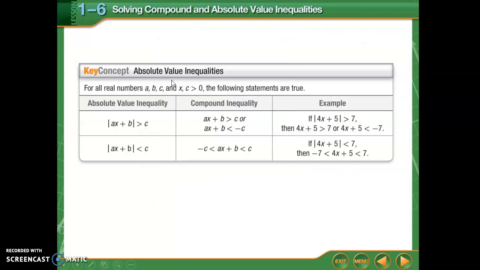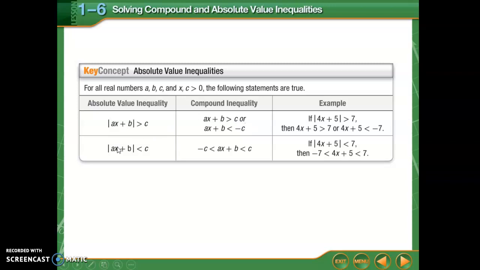Alright, let's move on to absolute value inequalities. For all real numbers a, b, c, and x, where c is greater than 0, the following statements are true. If |ax + b| > c, the compound inequality is OR.